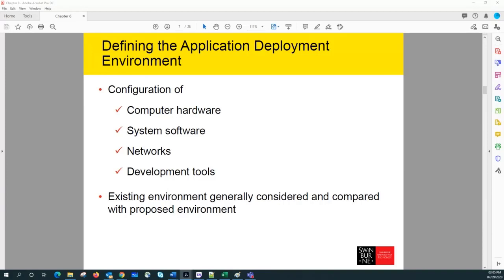It can be said to be a configuration of computer hardware, equipment, software, and the networks for the new system, right? So even if you think about these configurations: computer, hardware, system software, networks, and development tools, all these also have different alternatives as well, right?